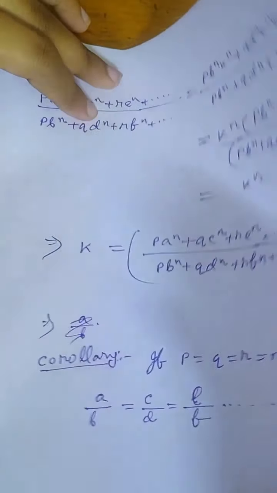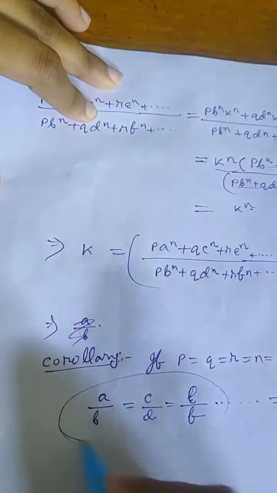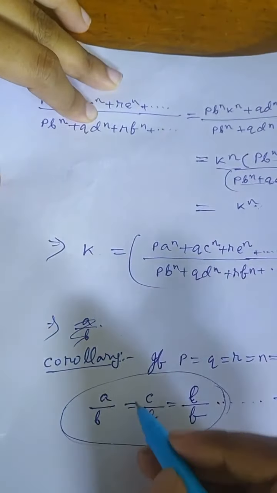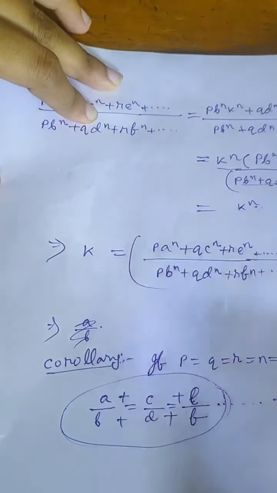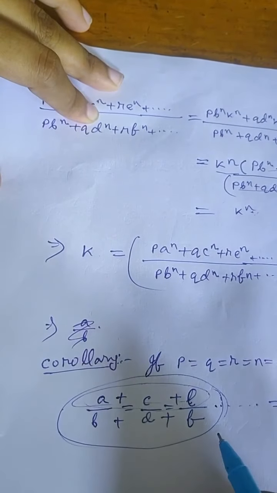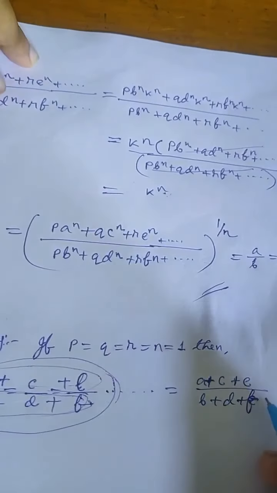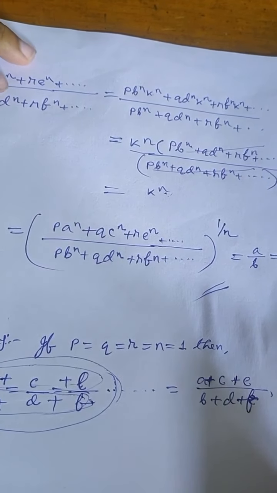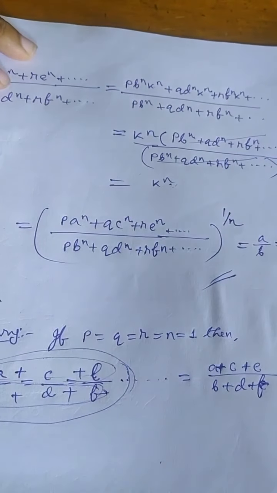That means if the ratios are like this, then we can add all the antecedents and add all the consequents, and it will be like this. Okay, so these are the properties of ratio.